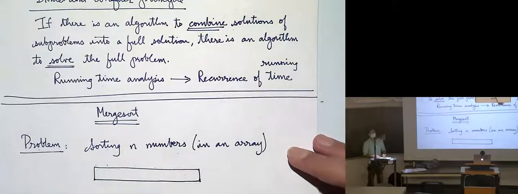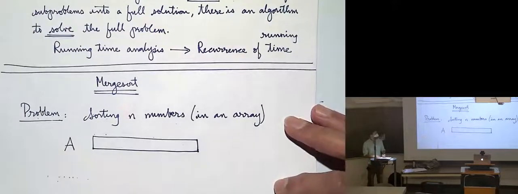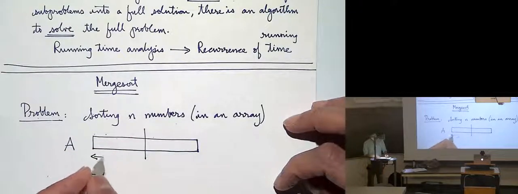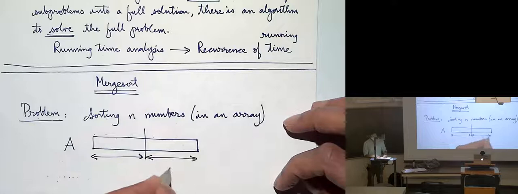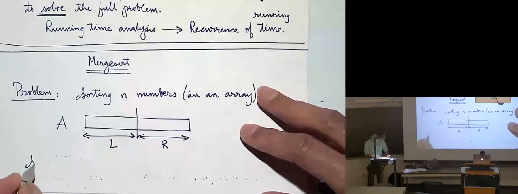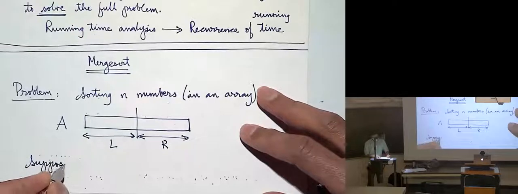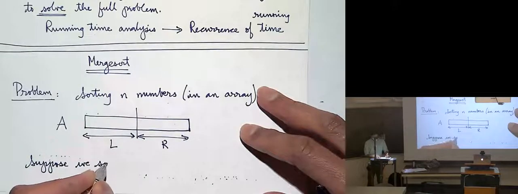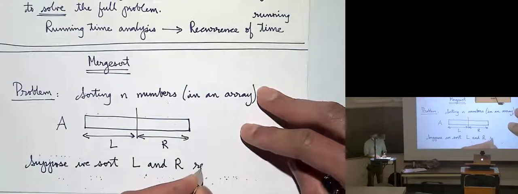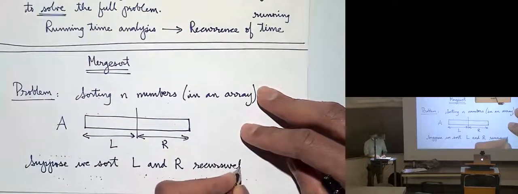So here's your array. I'm going to refer to this array as A. It says, suppose you already, so let's call this part L and this part R. Suppose we sort L and R recursively.